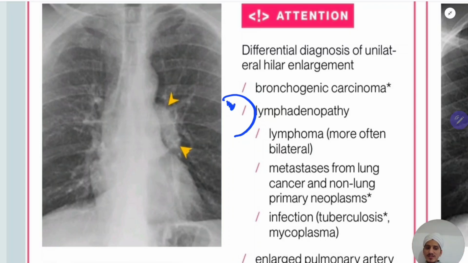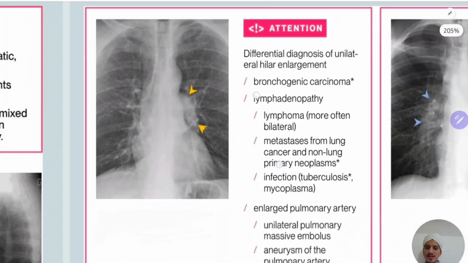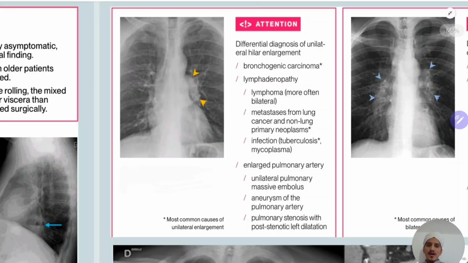You will see fluffy opacities which are coalescing with each other, so you will see it as filling of the hila. See here, there is filling of the left hilum, and this opacity is well separated from the heart border and confined to the left hilum, and the bronchovascular markings are marching towards this hilum. So this is a unilateral hilar enlargement. The most common causes of unilateral enlargement are these.